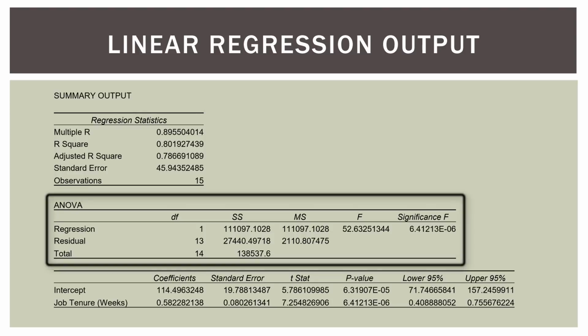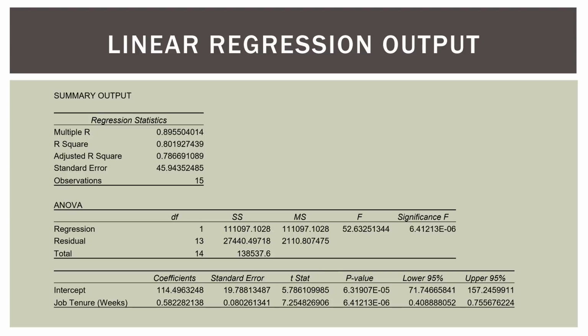Down here in the ANOVA table, we can see that we have a total sum of squares of about 138,000 or so. So pay attention to that. We have a mean square of 111,000, and a mean square error or residual of 2,110. That's pretty low relative to the total sum of squares. That creates an F statistic of 52.63.